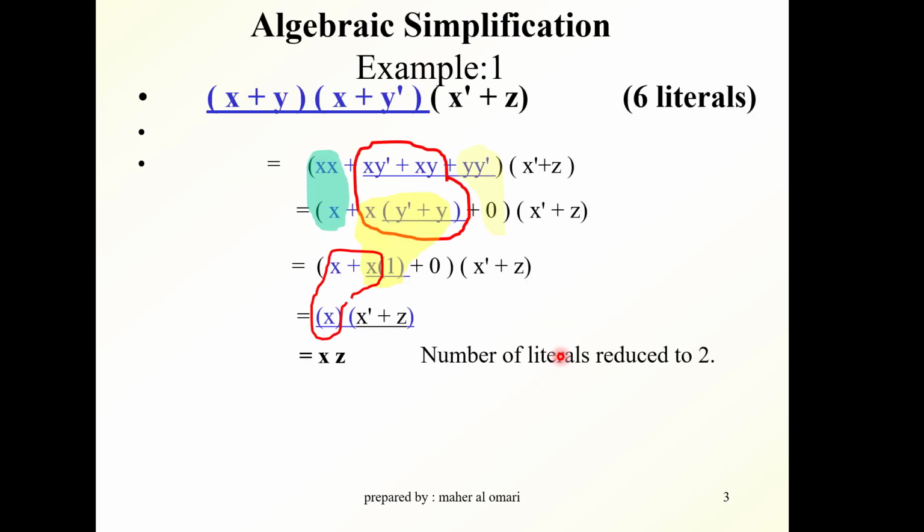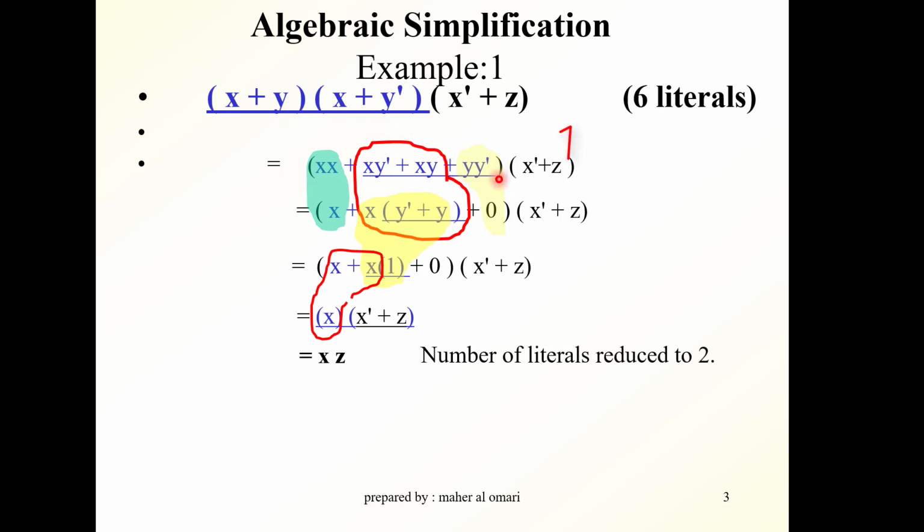Let's take the first example. Assume that we have the function shown here. This function has 6 literals. We want to minimize it. Okay, we take these two terms and expand them. X ANDed with X gives this one, X Y bar, or YX, which is this one, or with Y bar, which is this one.